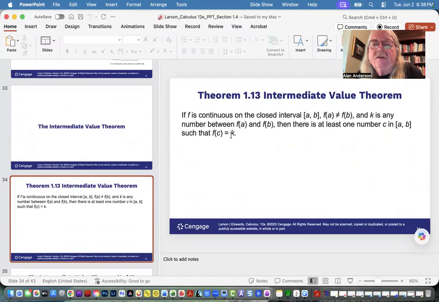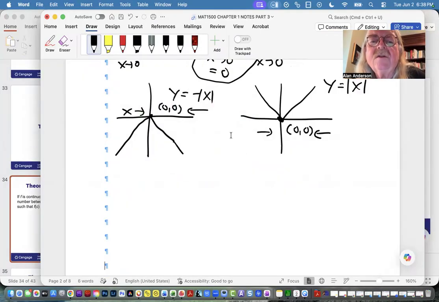Now, the intermediate value theorem, this is one of those theorems you're going to run into from time to time. And it's not always immediately obvious why it's useful. But the important thing is to understand what it's saying. So here's what's happening. You've got an interval of some kind.